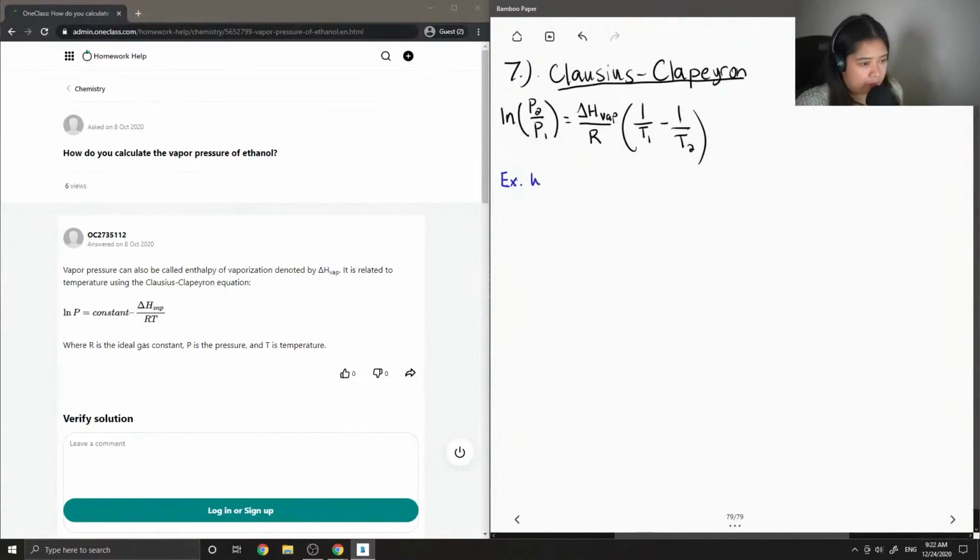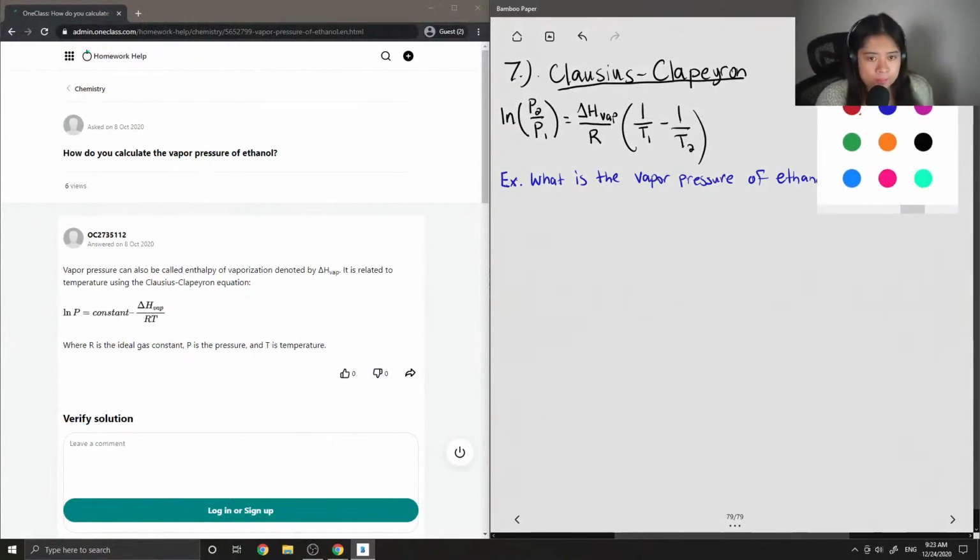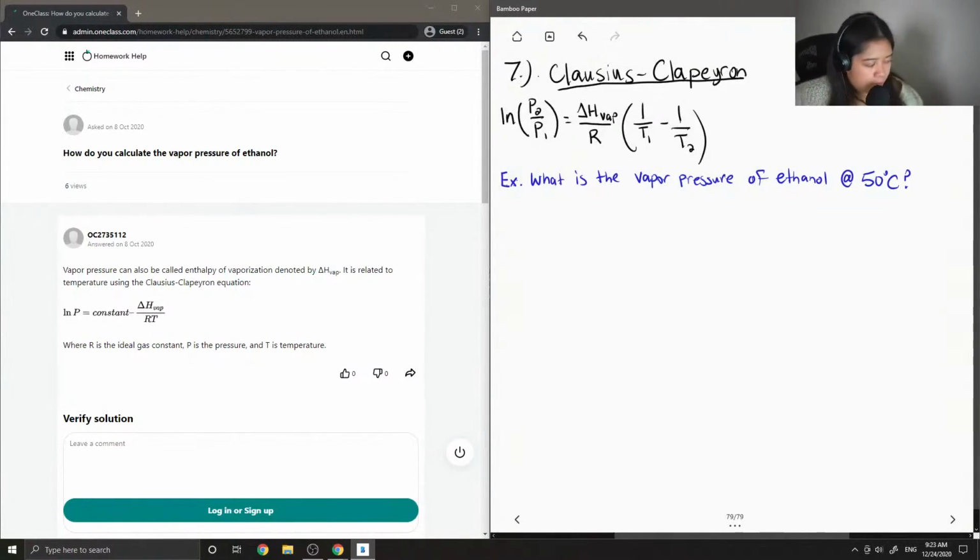So for example, what is the vapor pressure of ethanol at 50 degrees Celsius?